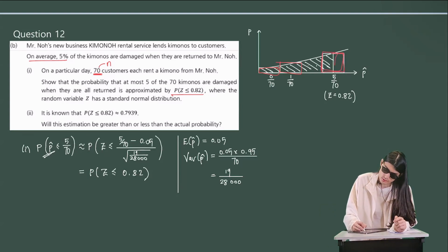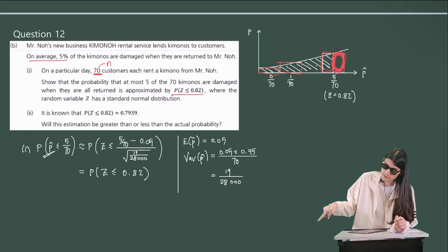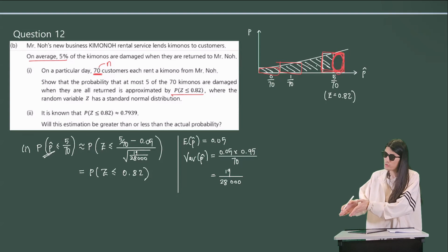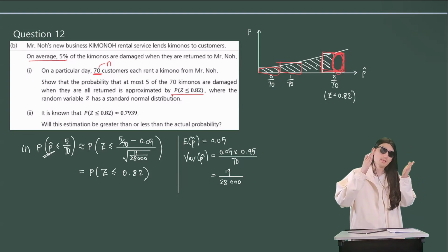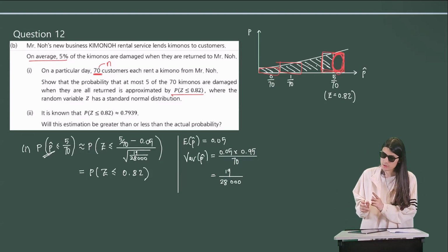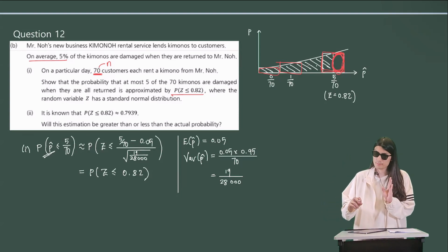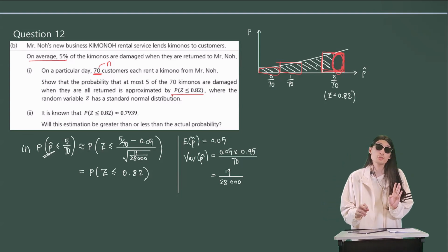But this extra area over here, which is not considered in the approximation, this extra half a column over here, is included in the actual probability but not in the approximation, which is what makes the approximation less than the actual probability.